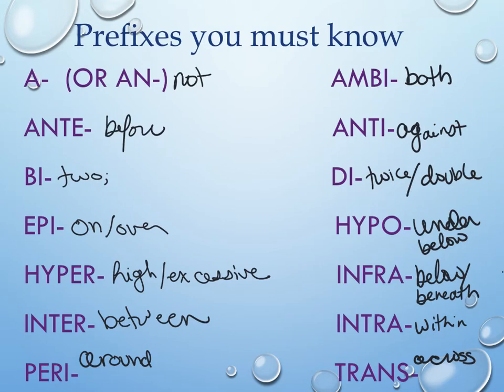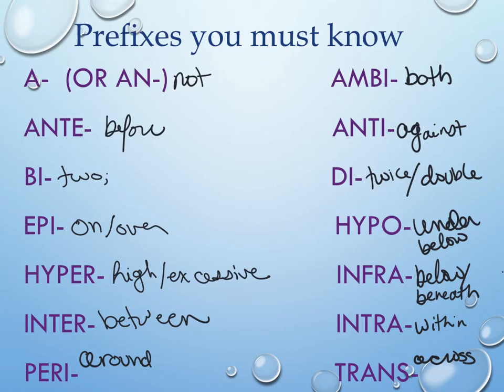Bi and di both refer to two. Bi means two. It's like we're bipedal. We have two legs. Or we walk on two legs. Di is like twice or double. So like carbon dioxide, for instance.